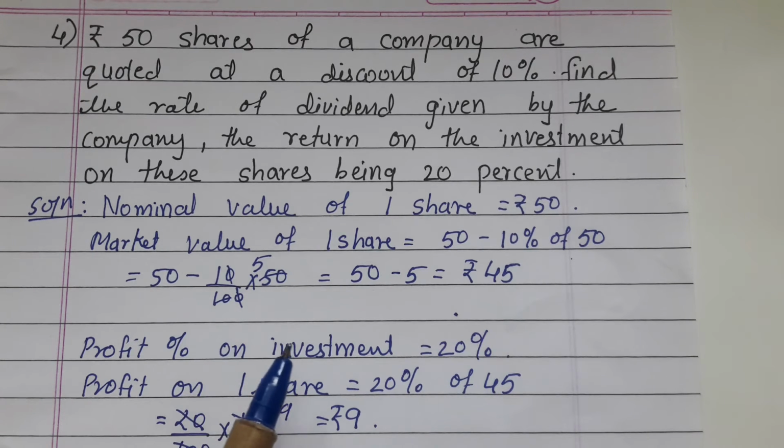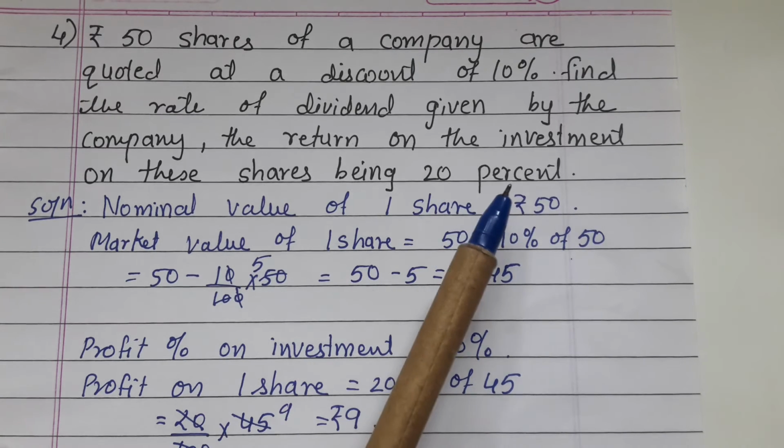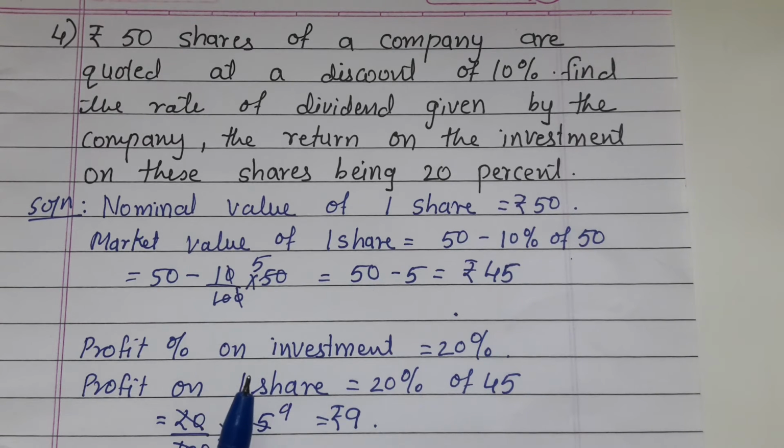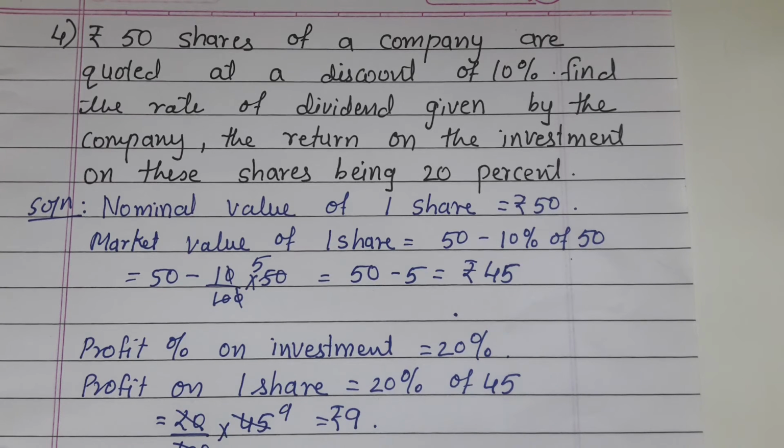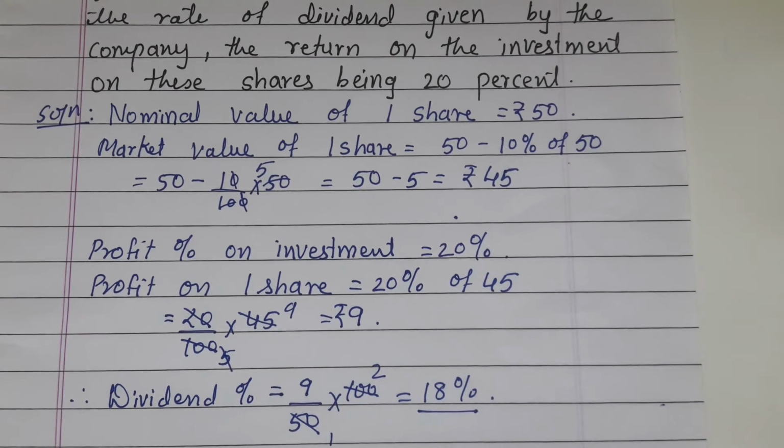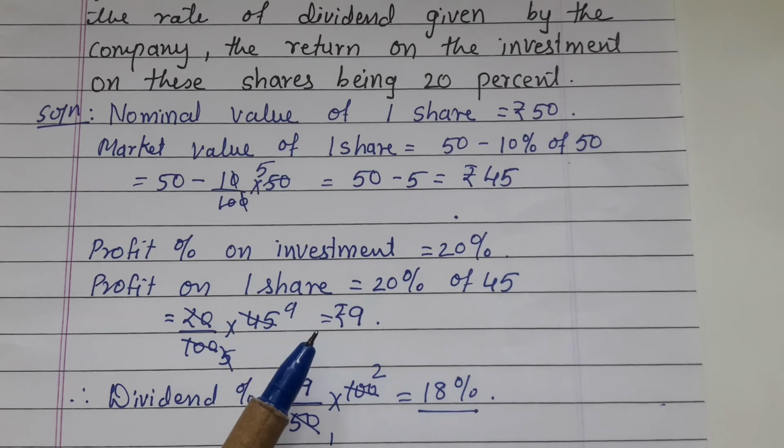Profit percent on investment equals 20%. Profit on one share will be 20% of 45. 20 upon 100 into 45, that is equal to rupees 9.